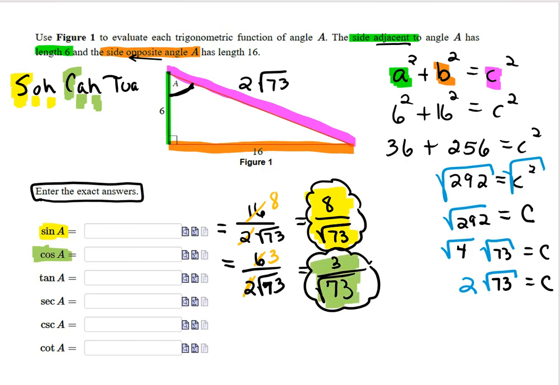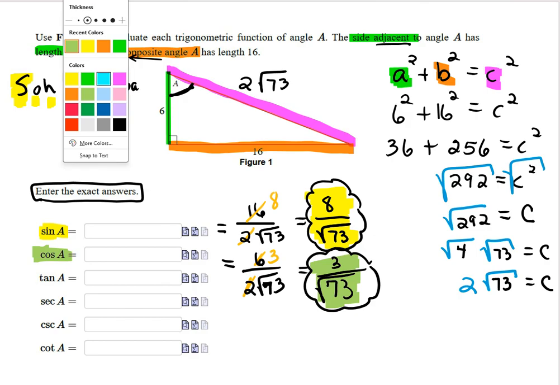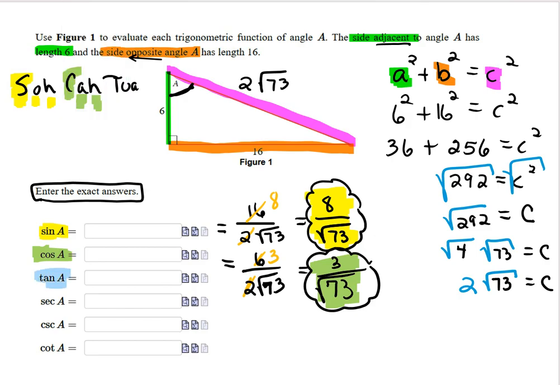And then last I've got the tangent, and tangent is opposite over adjacent. So the opposite is the 16 and the adjacent is the 6, but that can be reduced down to 8/3, and that is the answer to tangent.